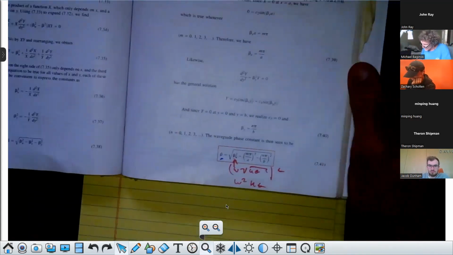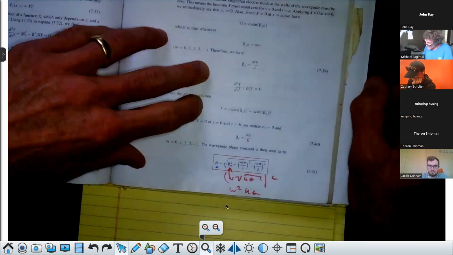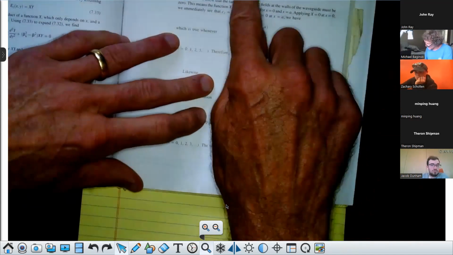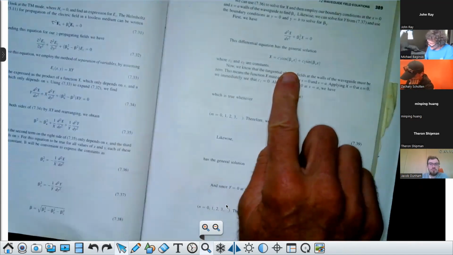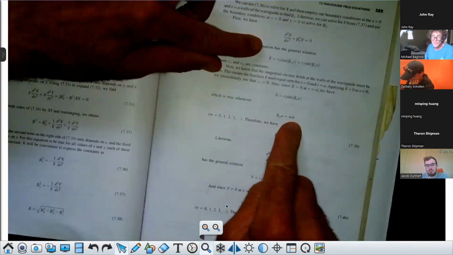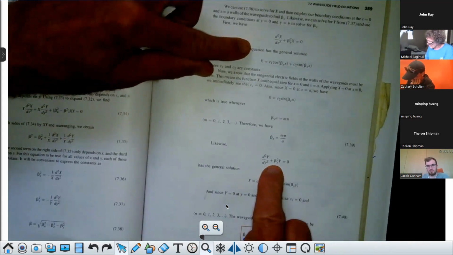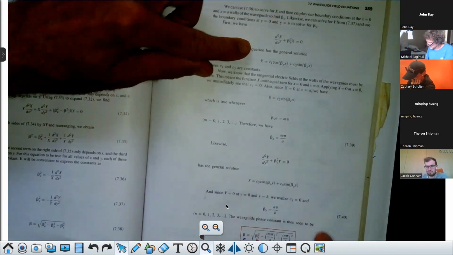I didn't get a chance to do it, but I'm going to show you this, and then I'll let you go. We did it for x right here. We got beta x times a is m pi. I hope you can see that. Likewise, when you solve for beta y, you're basically solving for the y variation.